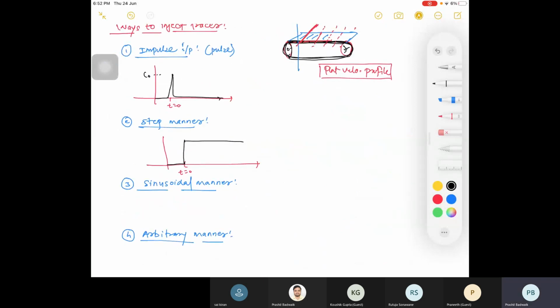So at time t is equal to 0, I started putting tracer and continuously I am putting the same amount. So what will your tracer profile be with respect to time? It is the same amount, right? It is the same. So this is your profile.